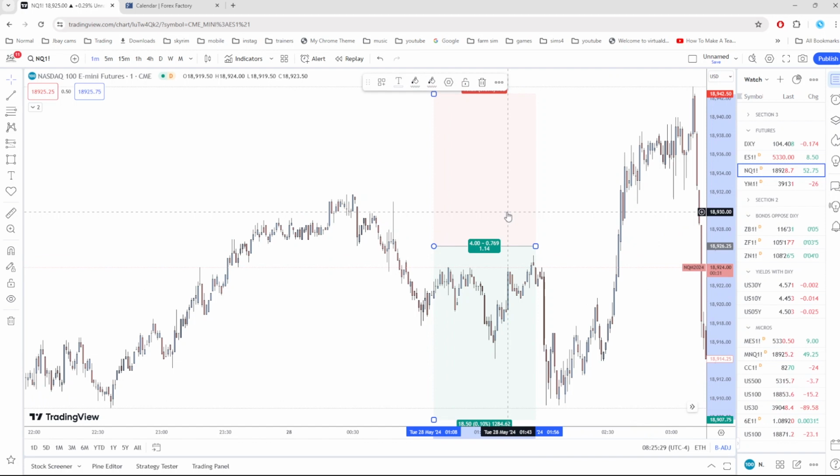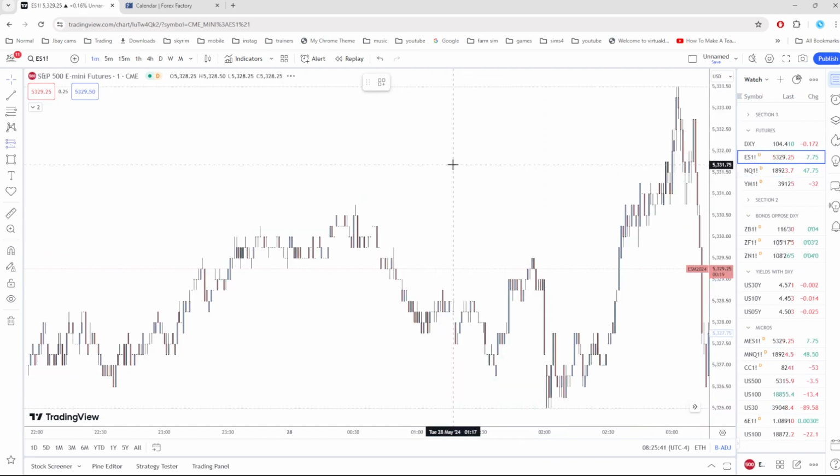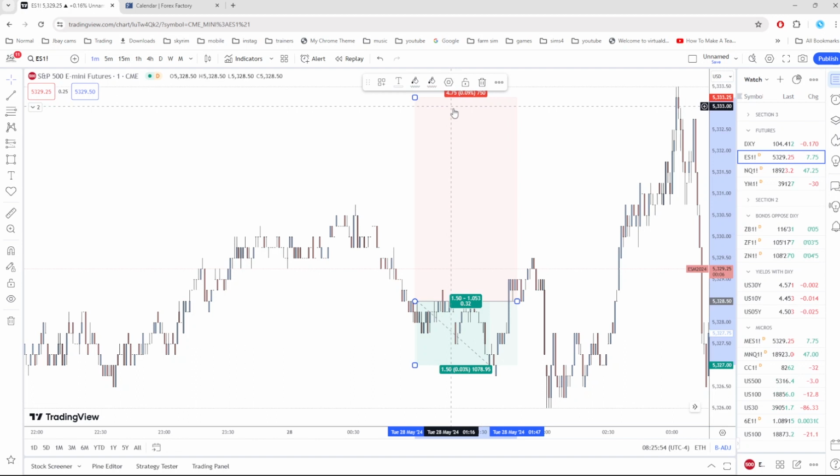And that would give you almost 5 handles. We can just go over to the ES. If you want to check, ES gives you the handles if you wanted to know exactly.